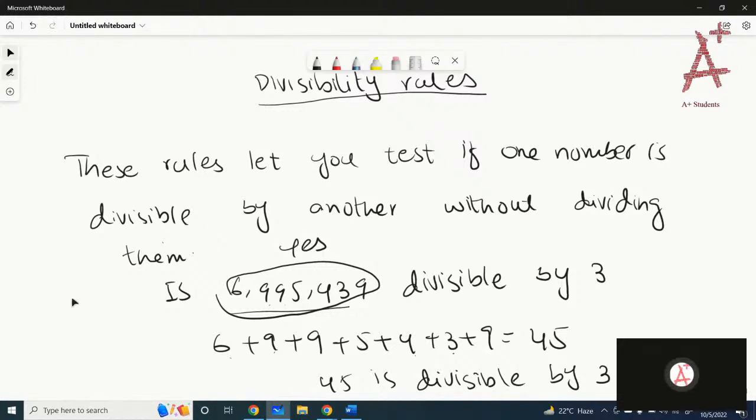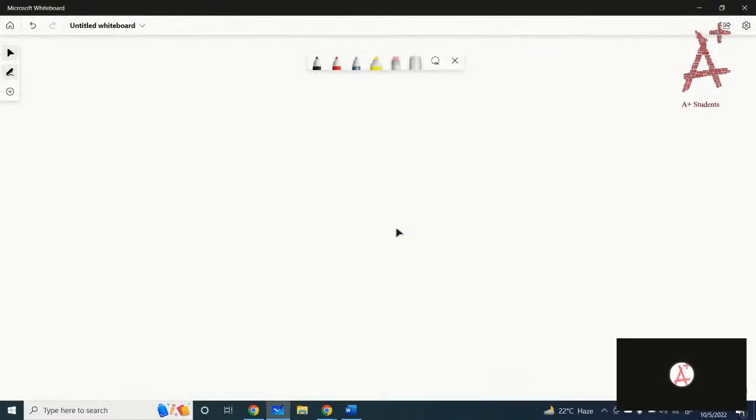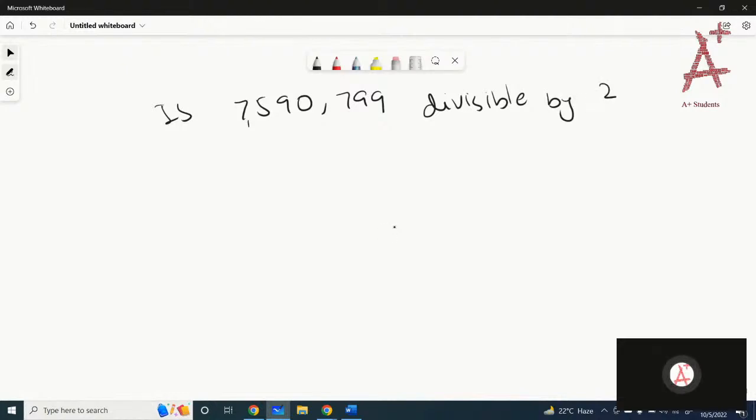Let's do another example. For different numbers, the divisibility rules are different. You need to see if this number is divisible by 2 or not.